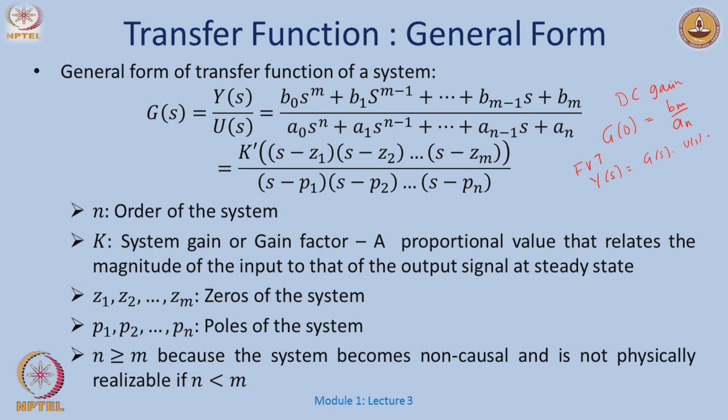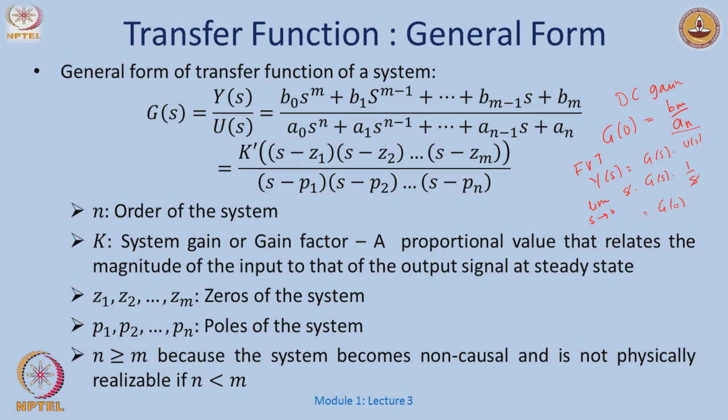So, when U of s is a step and I apply the final value theorem, s going to 0, s times G of s, what is this U of s? For a step input it is 1 over s. So, these go away, and what I am left with is G of 0. Okay. So, we will refer to this as the DC gain of the system, computed as Bm over An.